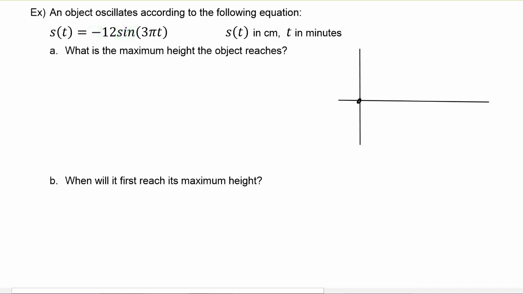So that means it starts at the equilibrium position and goes down first, hits the min, comes back to equilibrium, then goes up, and then ends at the equilibrium. The amplitude is 12, so we know it's going to get as small as -12 and as big as 12.